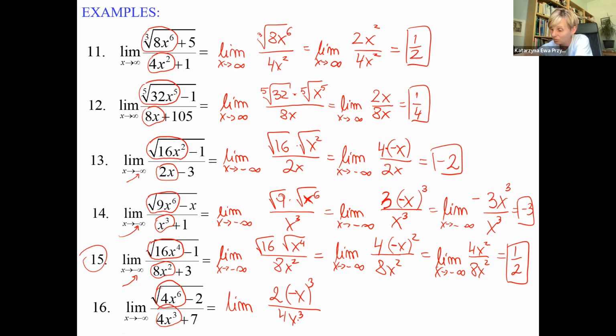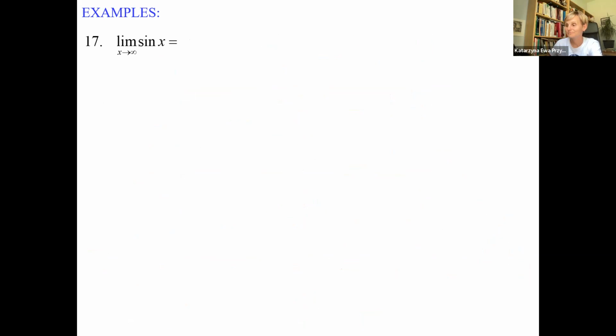This one stays, so -1/2 is the final answer, because the negative will stay. -x cubed is -1 times x cubed. X cubed is cancelled out, -2/4, -1/2. Okay, good practice. Another list.